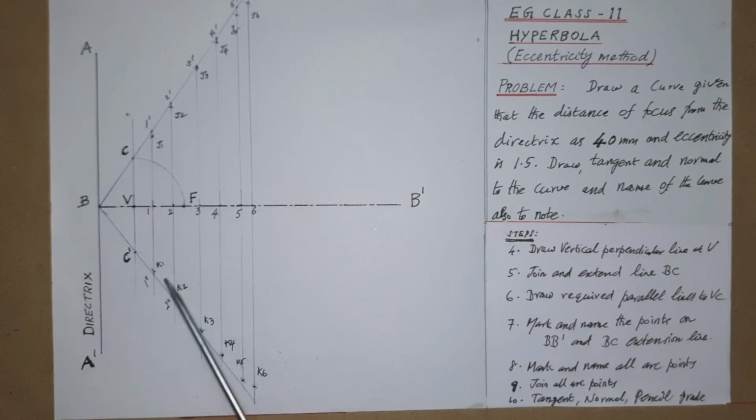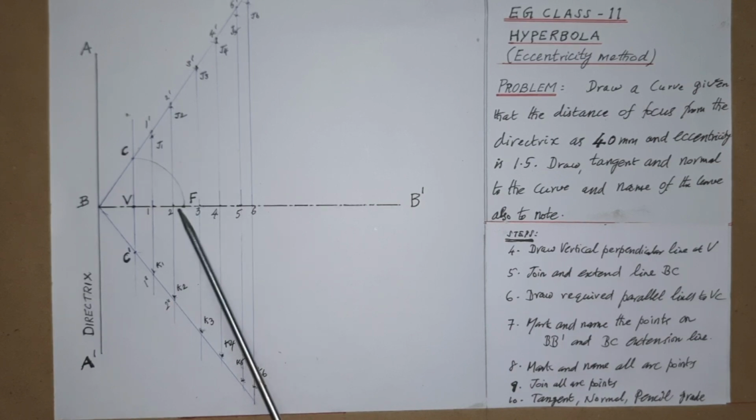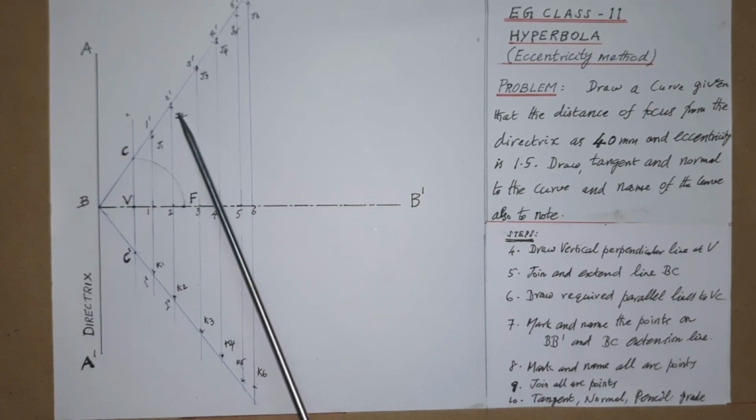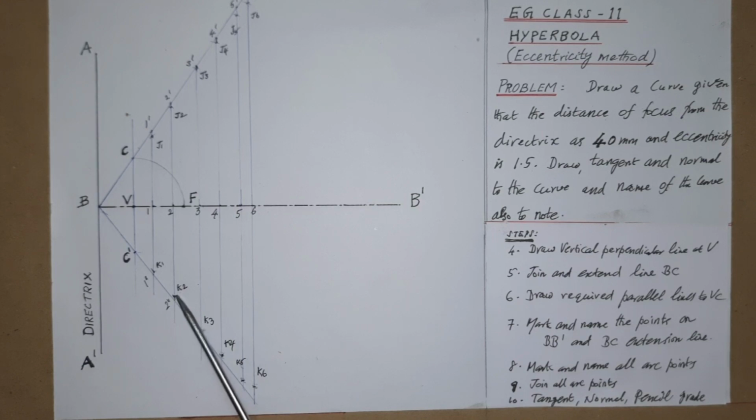Similarly, taking 2 dash as the distance, keeping F as the center, mark two arcs, above the axis J2 and below the axis K2. The names should be given such that the arcs are continuously marked as shown here.